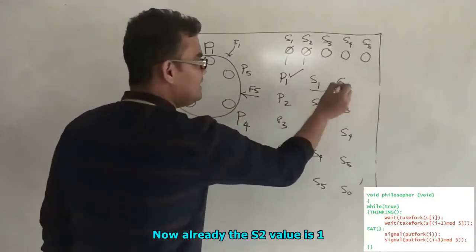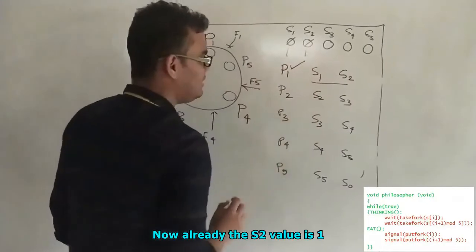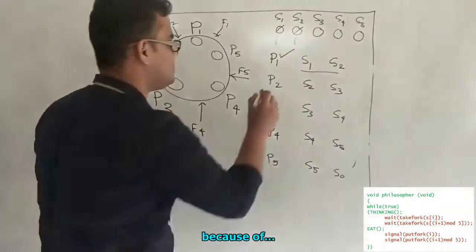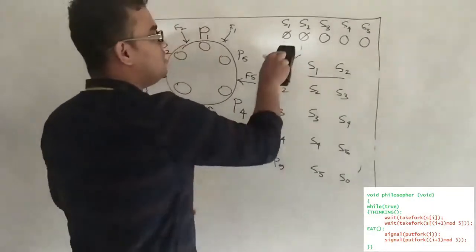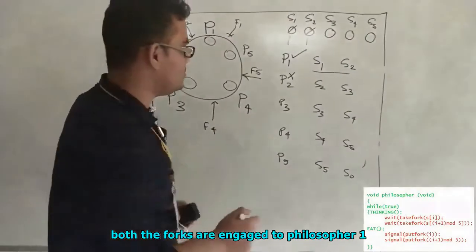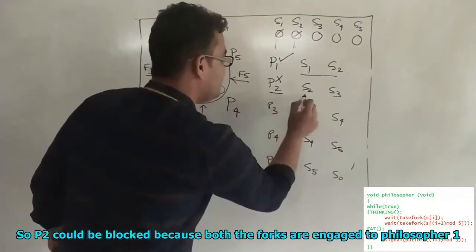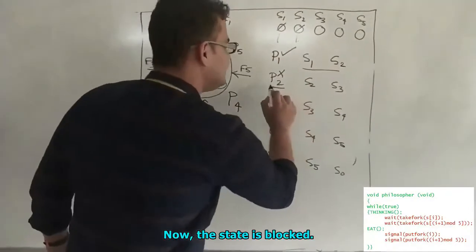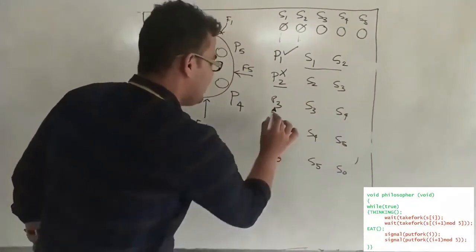Now the S2 value is already 1, so P2 will be blocked because both forks are engaged by philosopher 1. Now this state is blocked.